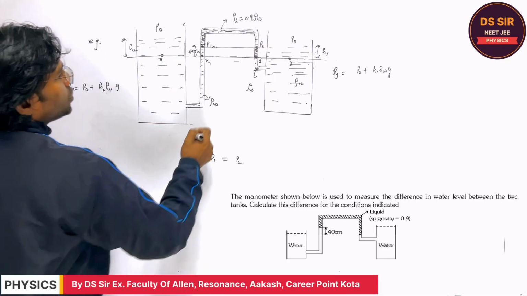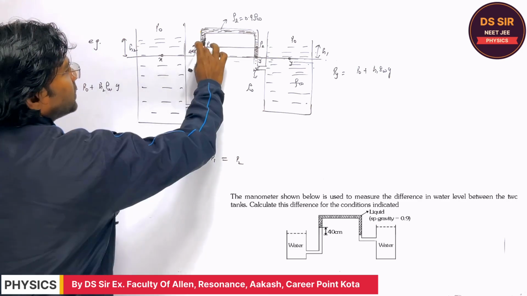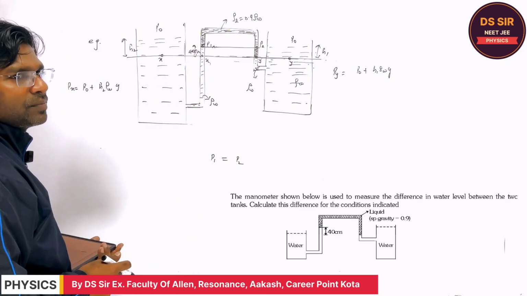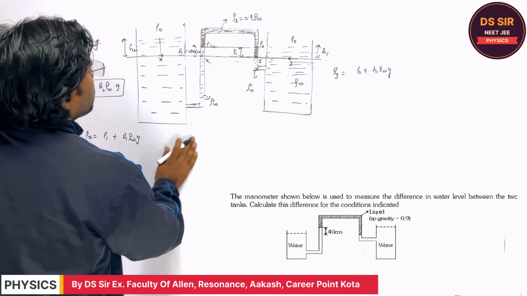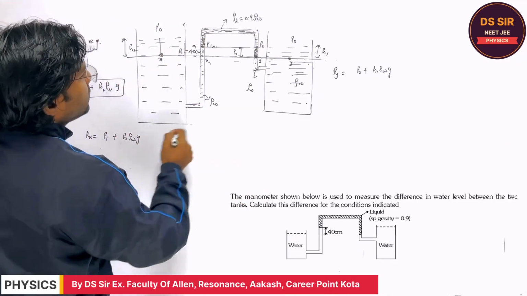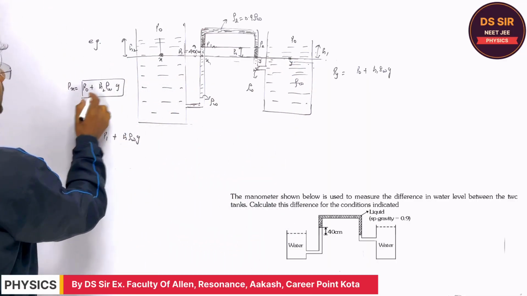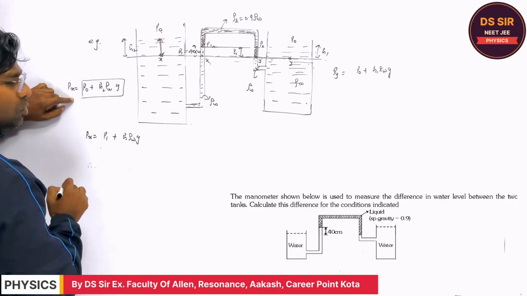Fine. So if I write, if this is P1, what is the pressure at point X? You tell. Listen, I am explaining this once again. This is the Px pressure, this is the Py pressure. So I think you have written Px is equal to P0 plus H2 rho water into g.